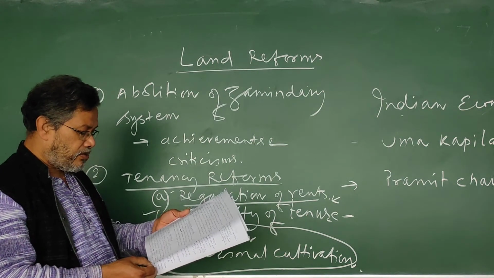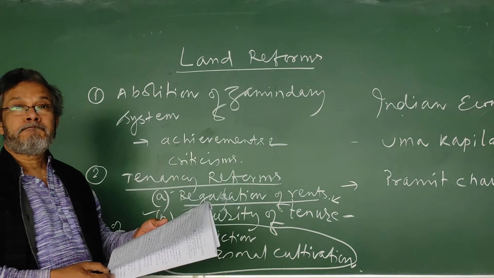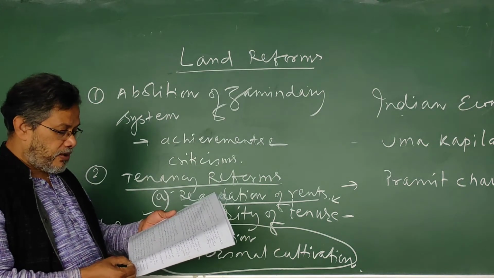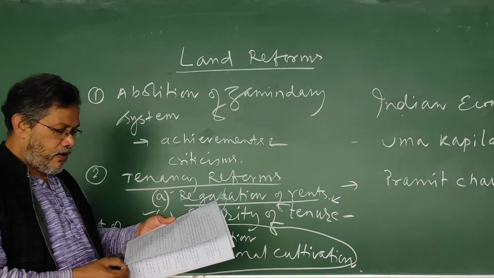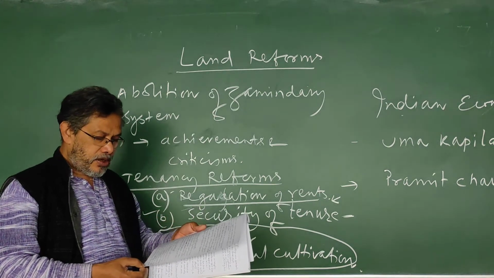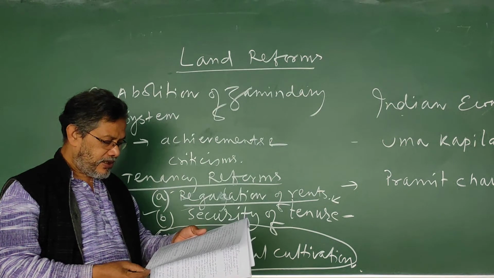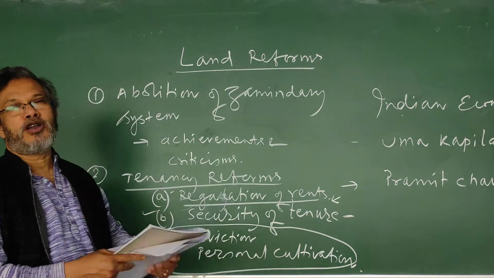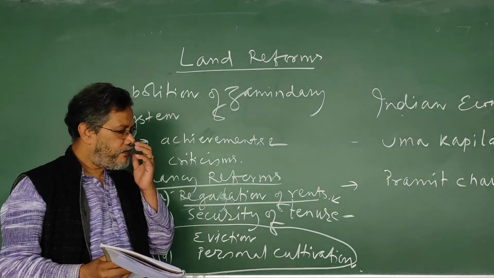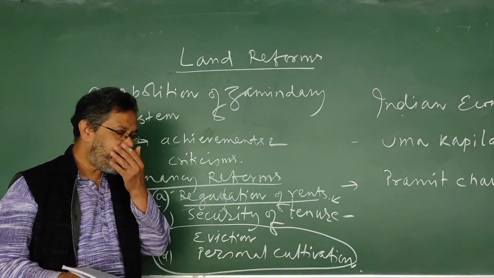The objective of the ceiling on land holdings is to reduce inequality. The objective is twofold: to reduce the size of land of big zamindars on the one hand, and increase the size of holdings of small cultivators. So, what is the aim of ceilings on land holdings?